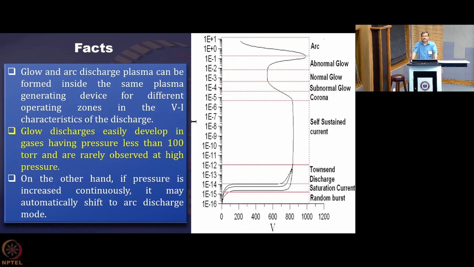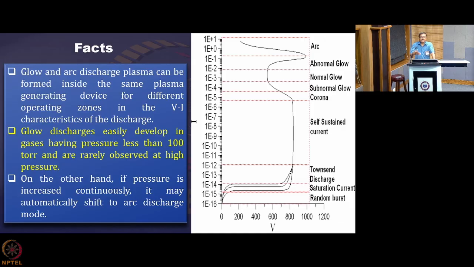Now, glow and arc discharge can be formed inside the same plasma device depending on the operating zones of the V-I characteristics. Basically, glow discharge usually appears at a very low pressure, say less than 100 torr or so.